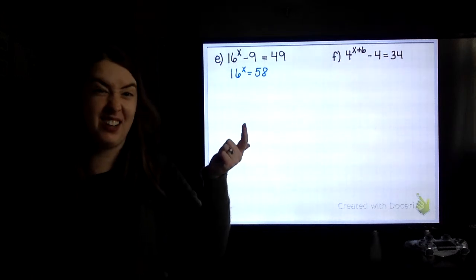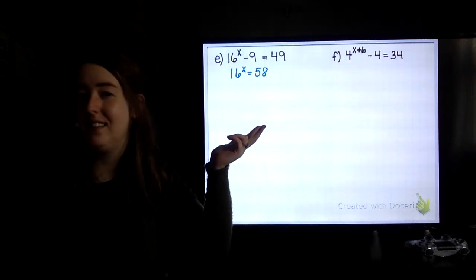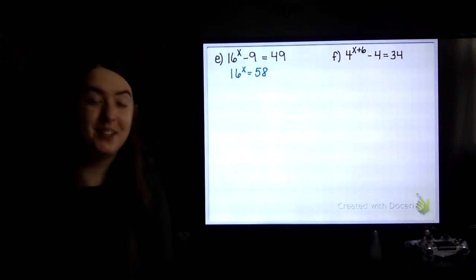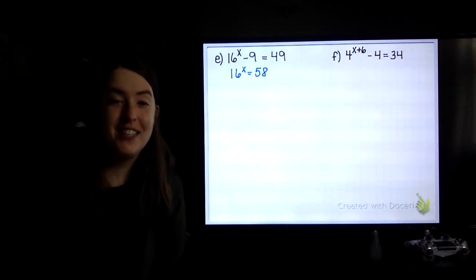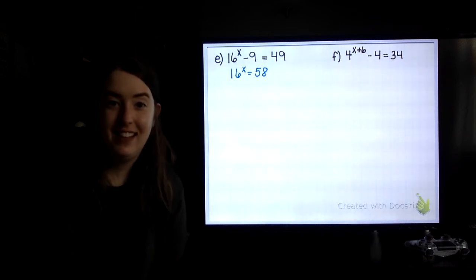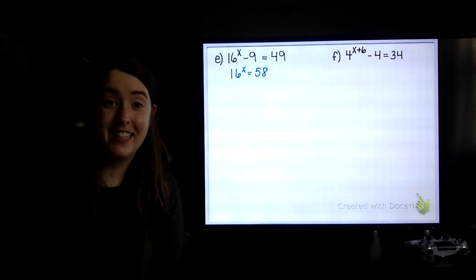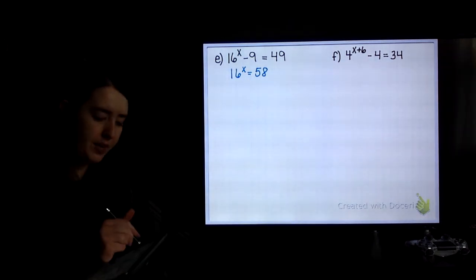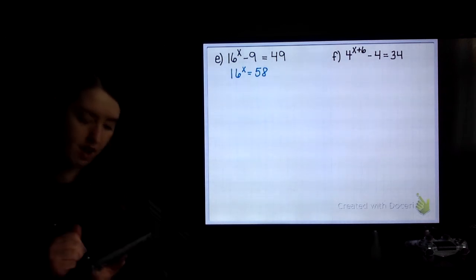You could take the natural log. You could take log base 2. You can take whatever log you want as long as you stay consistent. The reason I used log and natural log, like I said before, was just because it's what's on my calculator and easily accessible. So what I'm going to do from here is take the log of both sides.